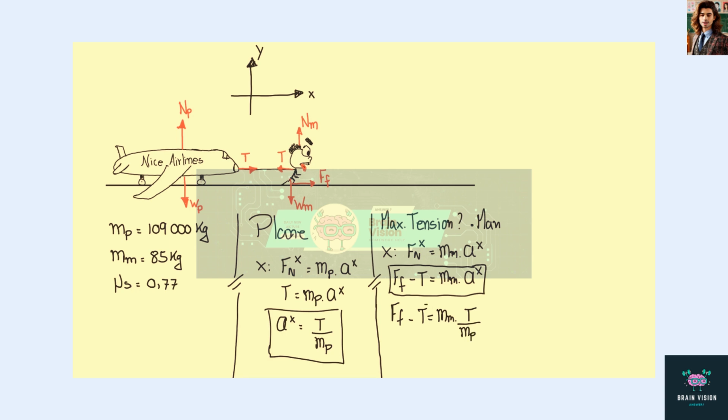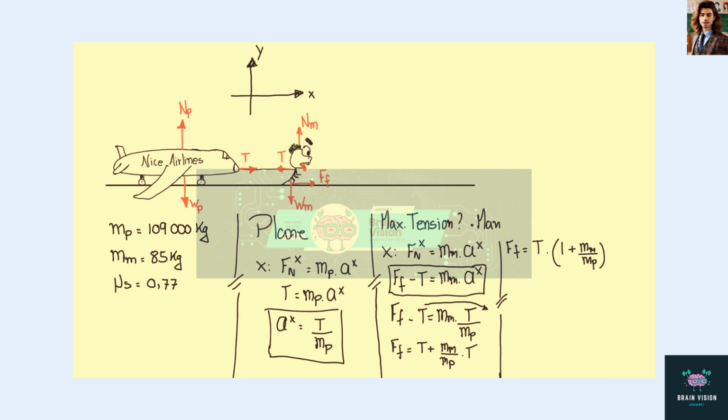Then we can send this tension force to the other side to get frictional force is equal to the tension force plus the mass of the man divided by the mass of the plane times the tension force. We can then factor the tension force on the right hand side to get tension force times 1 plus mass of the man divided by mass of the airplane is equal to the frictional force.